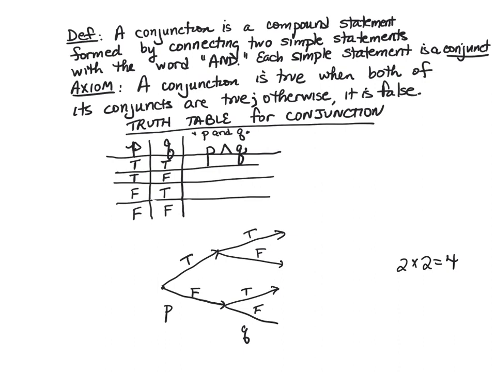And if we wanted to list all possible combinations, we could make them as ordered pairs: true, true; true, false; false, true; and false, false. But we list them this way in the truth table. And to summarize the axiom for the conjunction, we know that a conjunction is true when both conjuncts are true. So we put a true here, and otherwise the conjunction is false.